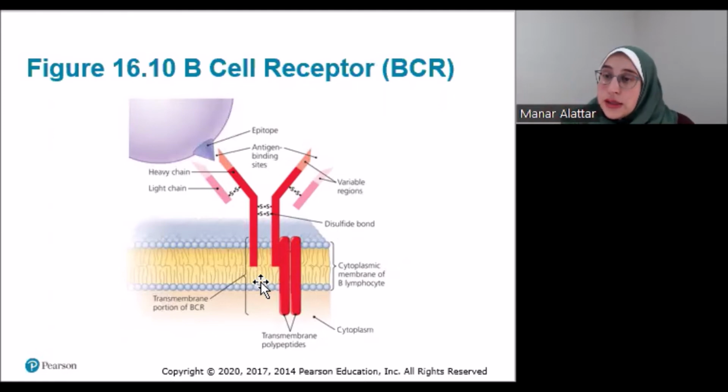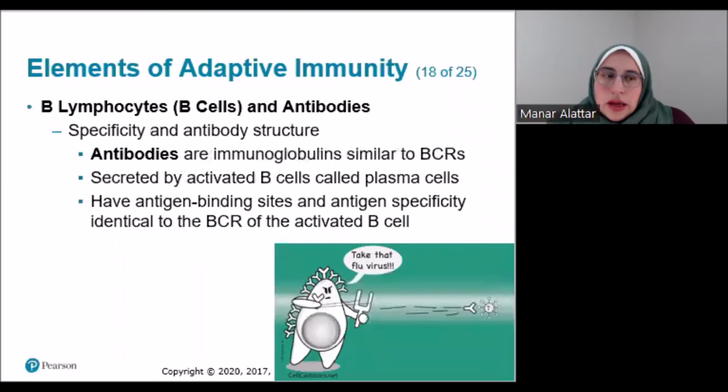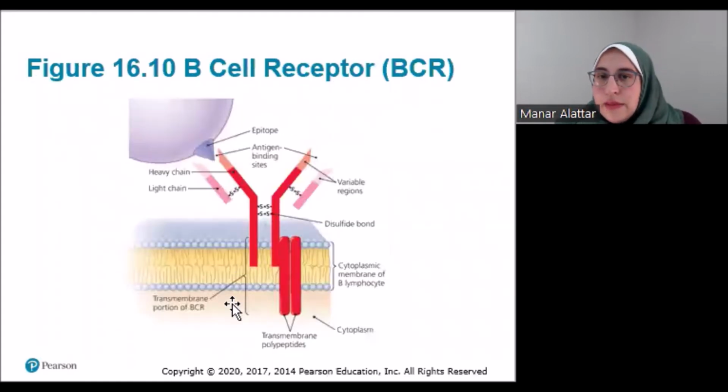So you have cytokines that are released to bring in other white blood cells, but also the B cells will produce antibodies. An antibody is essentially this same B cell receptor, but without this transmembrane part. You see how this looks like an antibody, right?